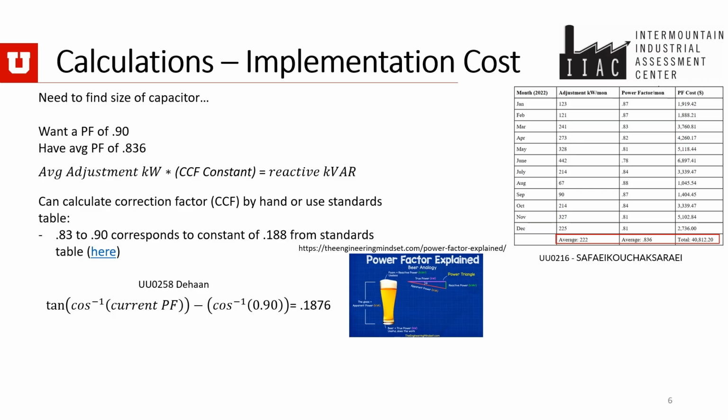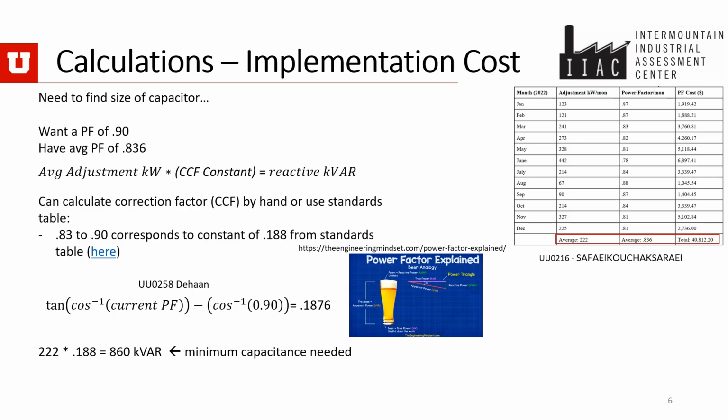I highly recommend that you go check out the video that I took this photo from and their website for your future questions. Anyway, we get a CCF value of 0.18. So we just finish that equation, plug the things in, and get the reactive kVAR, aka the minimum capacitance that we need for our capacitor to be able to handle.